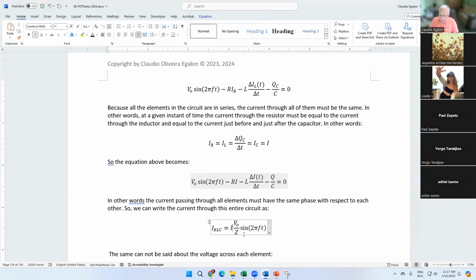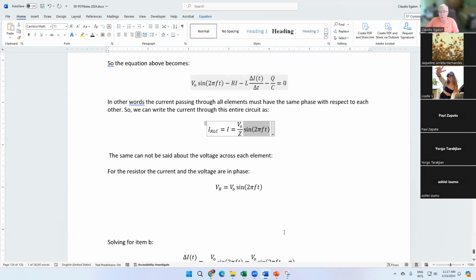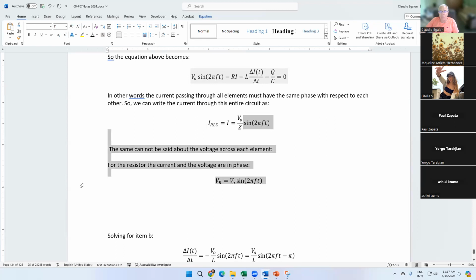Which is equal to I. It's going to be a voltage divided by a type of reactance that I call Z multiplied by a sine of 2 pi f t, okay? And we also know that the voltage across the resistor is going to be in phase with the current in the circuit.